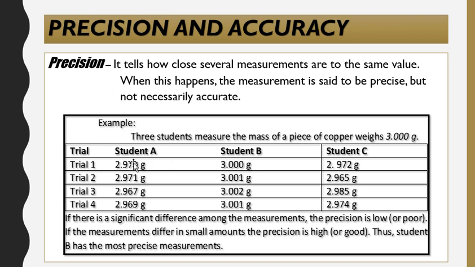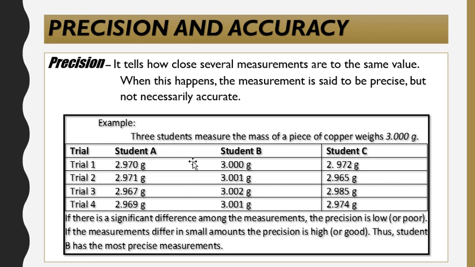If there is a significant difference among the measurements, the precision is low or poor. But if the measurements differ in small amounts, the precision is high or good. Thus, student B has the most precise measurements.